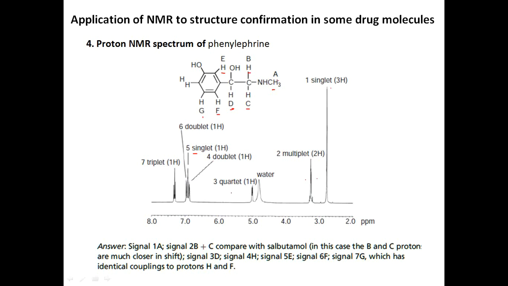Then you have 7, which is G, a triplet because it interacts with this fluorine, this hydrogen and this hydrogen. Then H is 4, which should be a doublet here, and that has been seen in this case. And if water exists in the spectrum, it shows a peak with respect to methanol around this 4.8 region only.